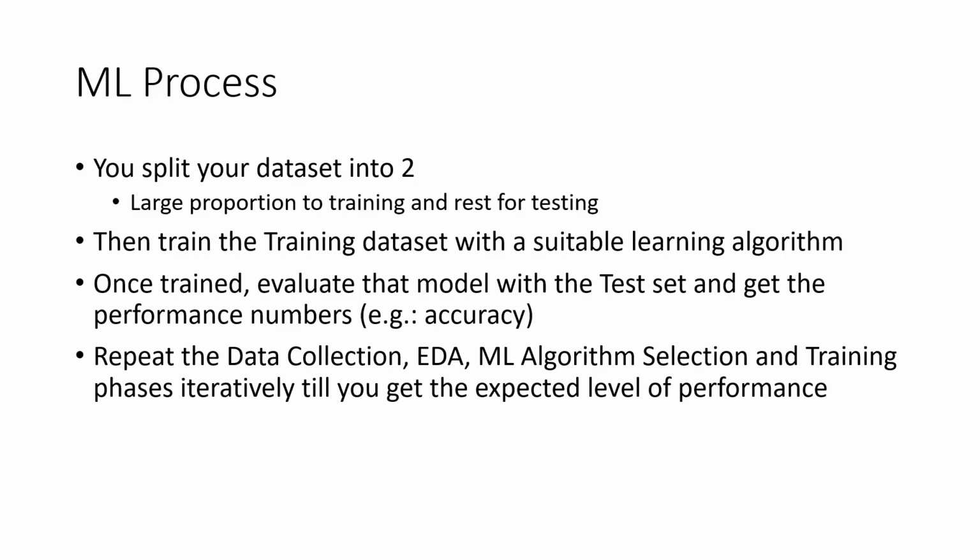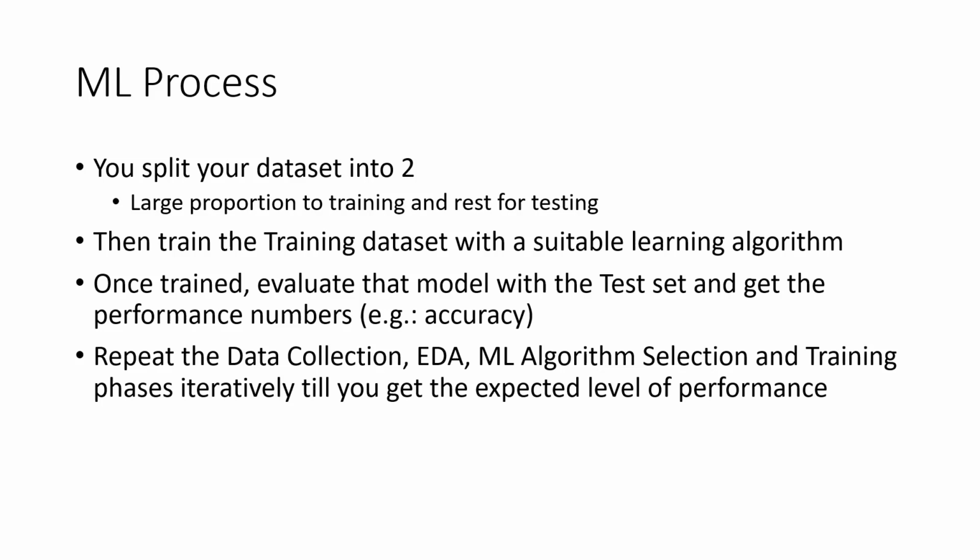Once you have trained with the algorithm on the data partition known as the training set, you get the machine learning model. Then you have to make sure that your model is working well for data unseen at training time.